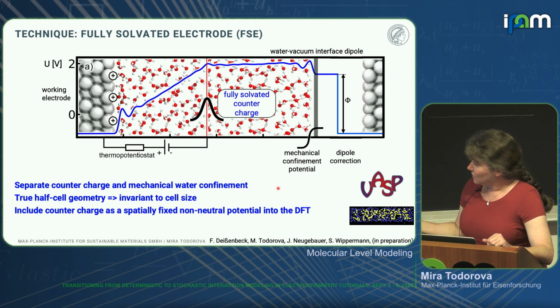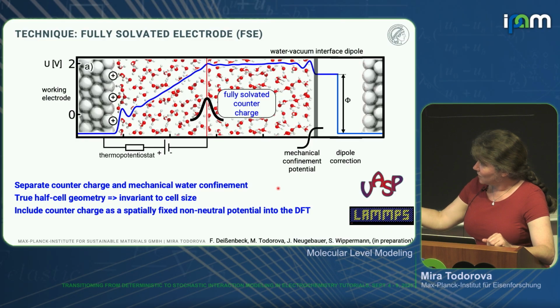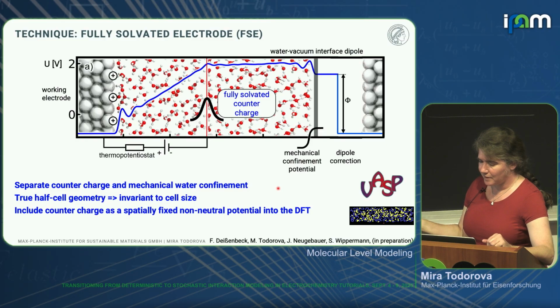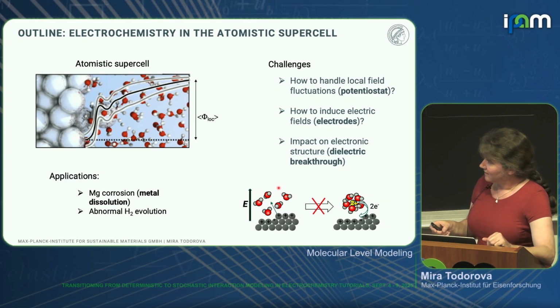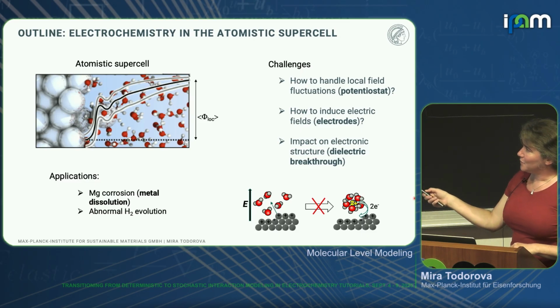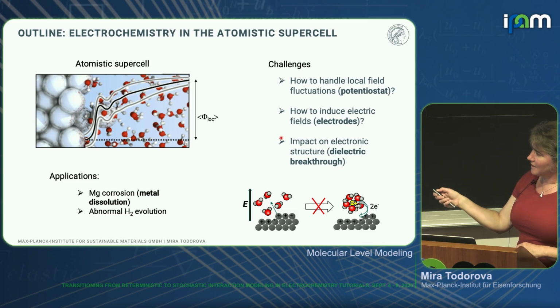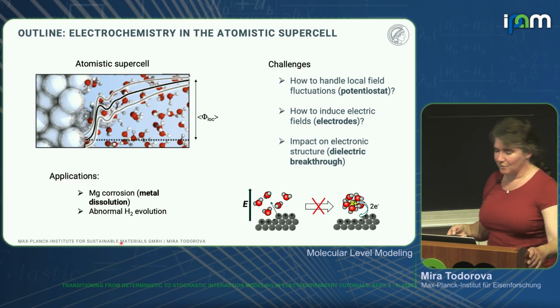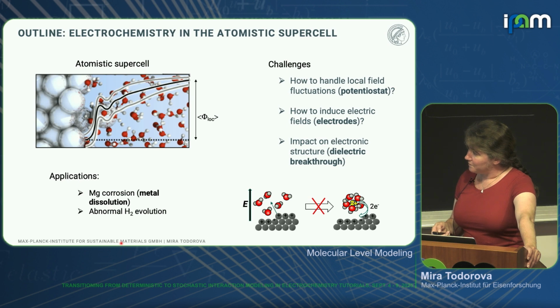Okay. And we did calculations with this already in LAMMPS. We can do rather long ones and also tried it with DFT. Now, Jörg discussed the potentiostat, we discussed the electrodes, we discussed the dielectric breakdown, and we also showed this example of magnesium corrosion and dissolution.